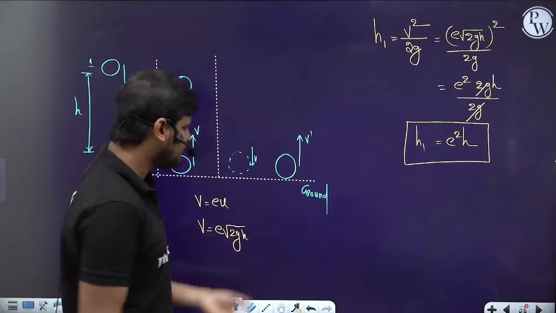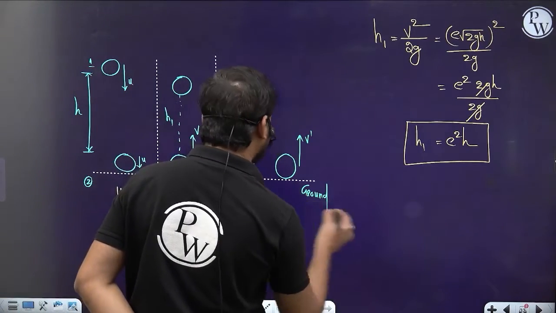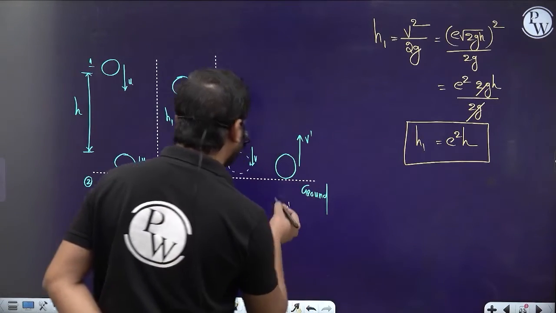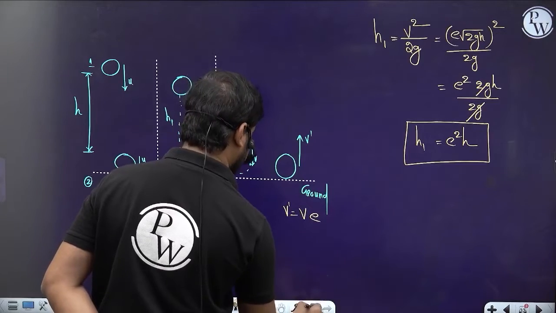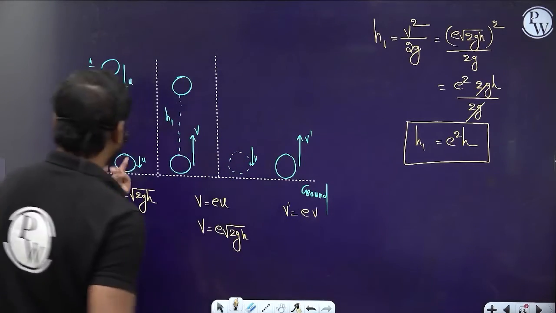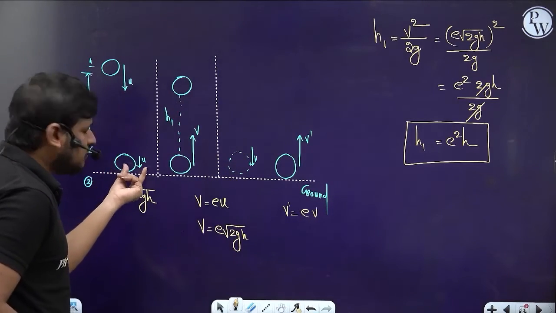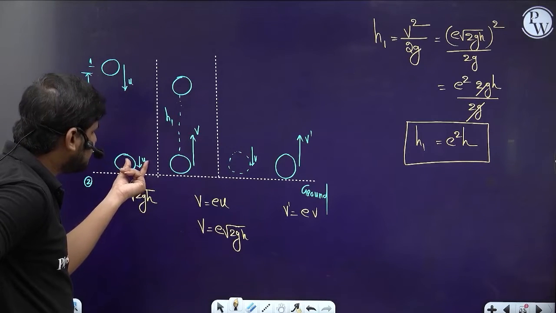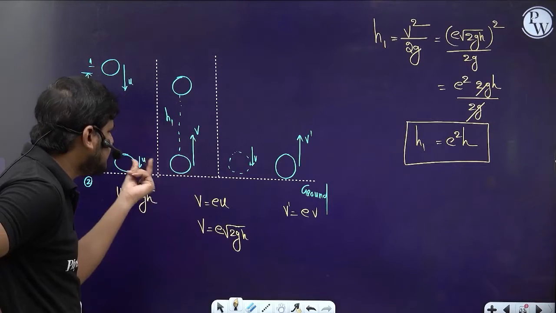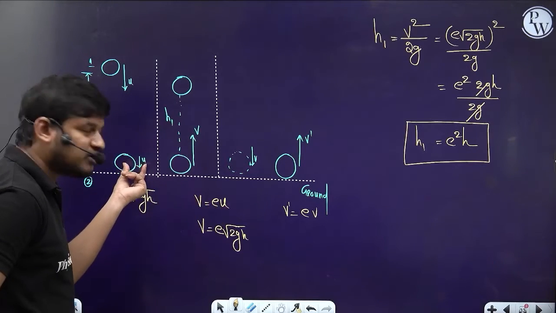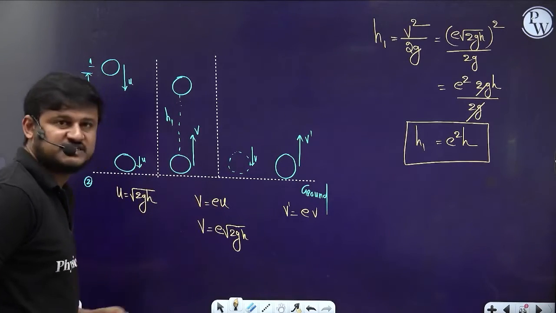So what is this v dash? Here, if it is striking the ground with a velocity u and rebounding with a velocity v, then v is equal to e into u. That is, the velocity with which it strikes the ground times the coefficient of restitution.